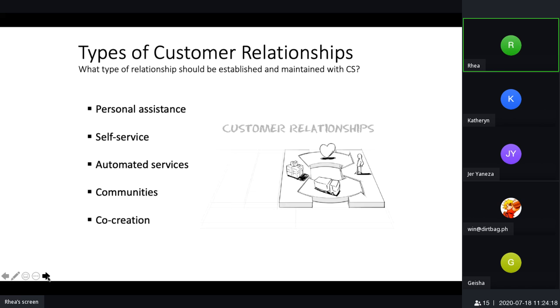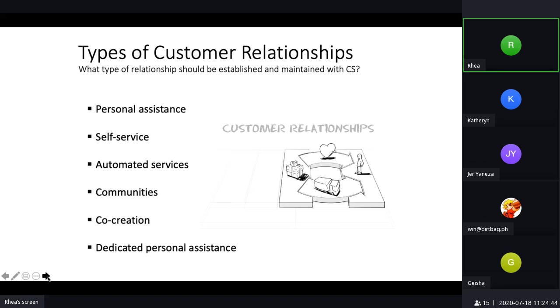When customers are involved in product development, they are more engaged in your product because, hey, I suggested that. You know how customers tend to like a product if their ideas are adopted, if their ideas are injected. So that is a good way to maintain your customers.